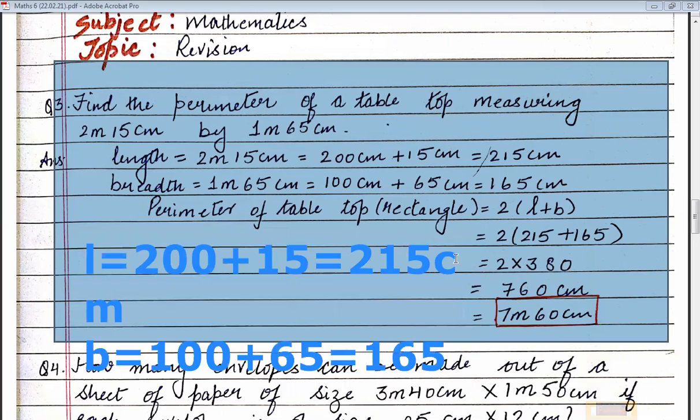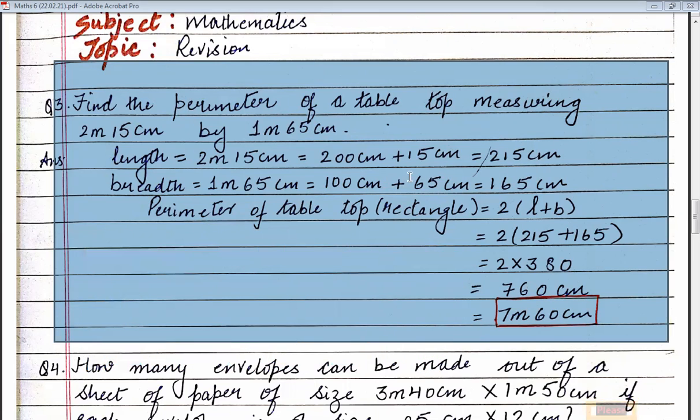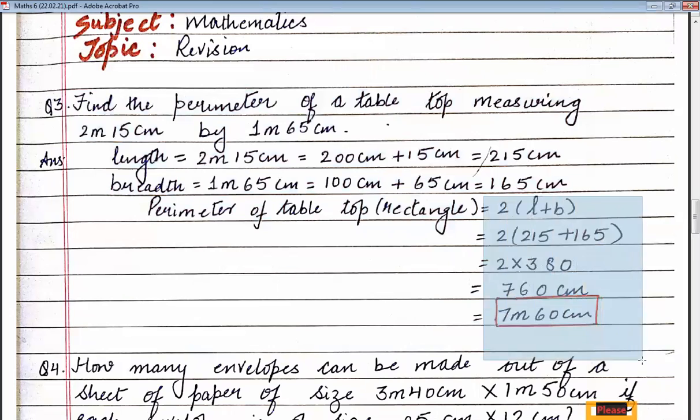So now children, you have length and breadth. Now you can substitute in the formula. Your formula is 2 times (L plus B), which will be equal to 2 times (215 plus 165), because your length is 215 and the breadth is 165.